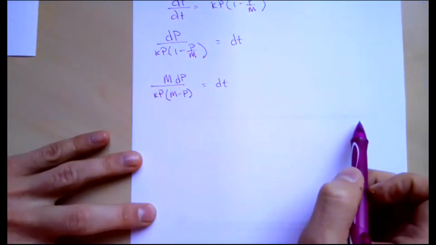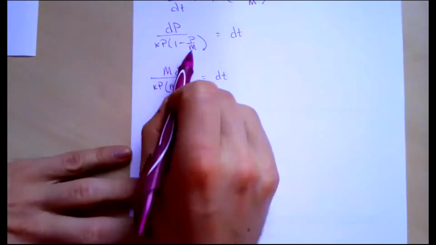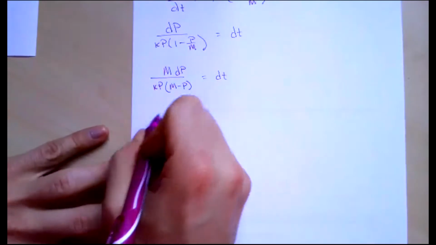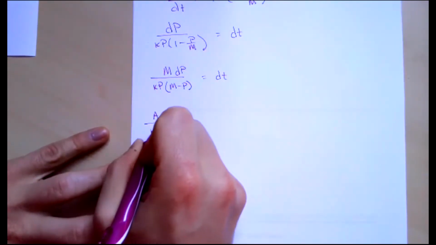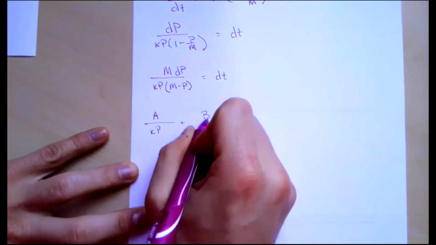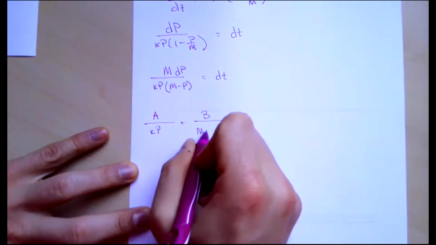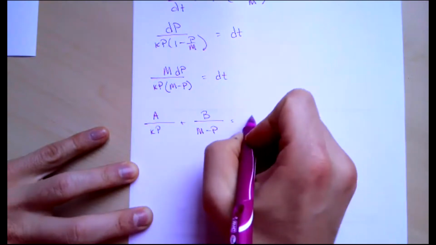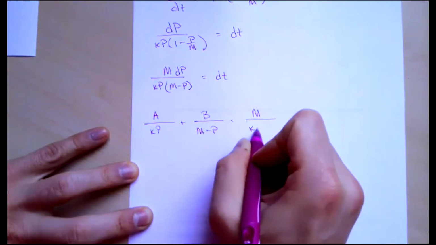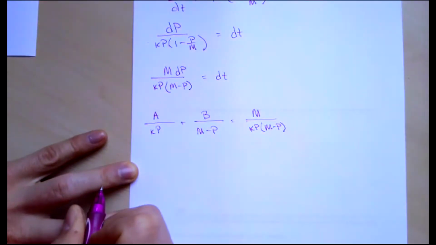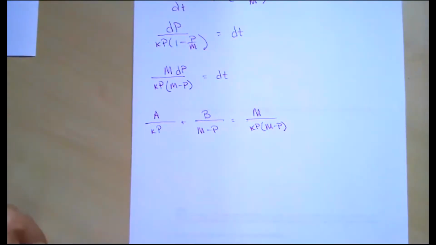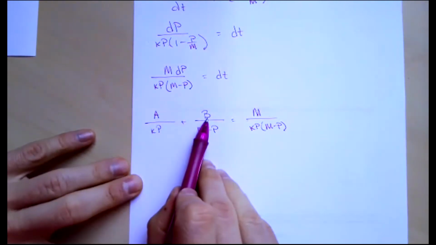We'll get those there. It just makes it a little easier instead of dealing with that fraction, and we want to separate it. So we have now A over KP plus B over M minus P is equal to M over that guy. Got to go through our separable equations, solve for our A and B.